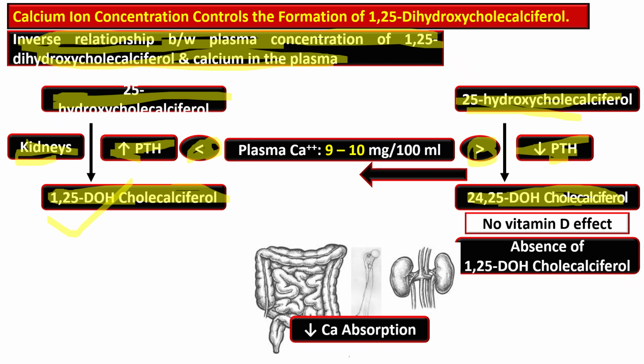So this high calcium will result in low calcium absorption from the gut, kidney and bone. So the calcium level returns to normal.